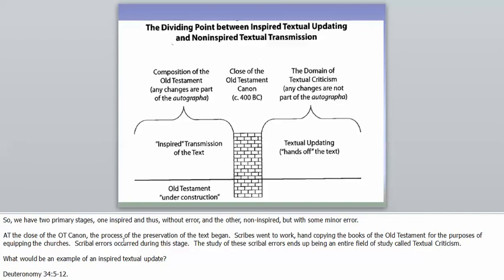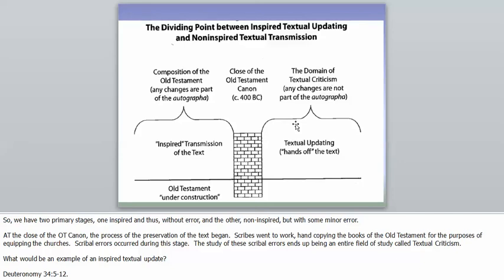So we have this early period with the Old Testament still under construction, in wet cement, where the composition of the Old Testament has to do with the transmission of the text through the original autograph and anything along the way. The close of the Old Testament canon in 400 BC is where we have a hard break, a hard wall.